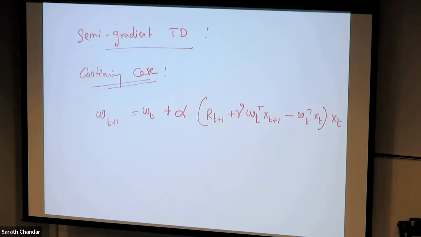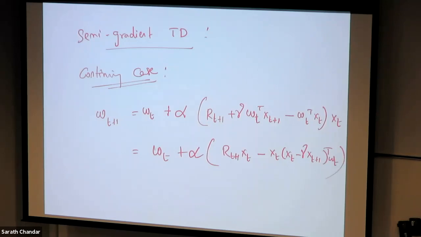Is that right? It is just linear function approximation with TD. Now, I can rewrite this as Wt plus alpha times, I can just bring the xt inside. So this becomes Rt plus 1 xt minus xt (xt minus gamma xt plus 1) transpose Wt.